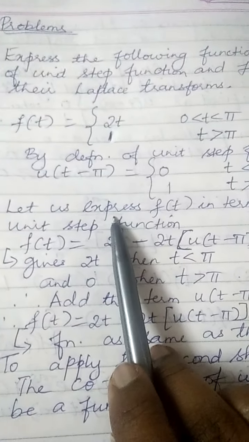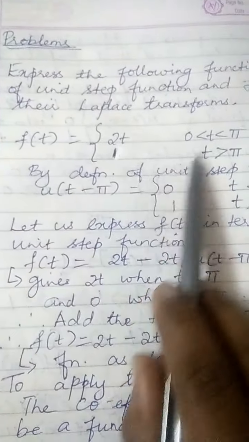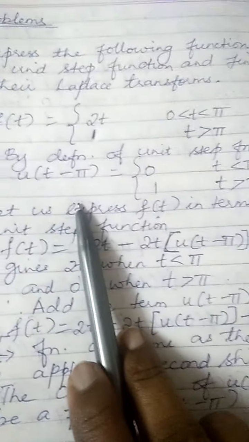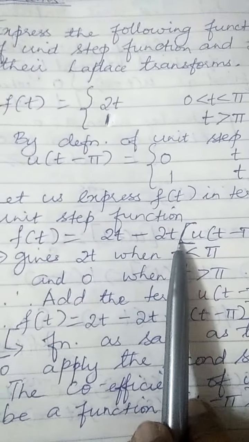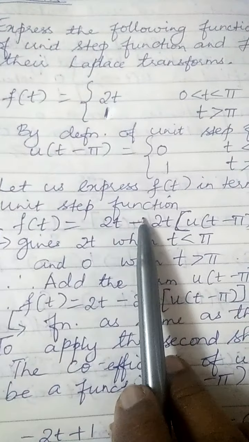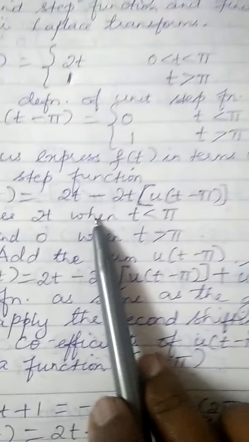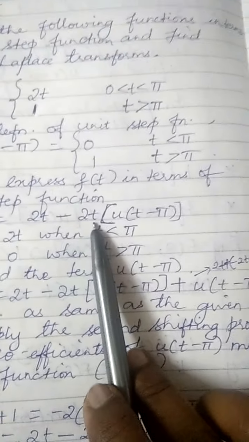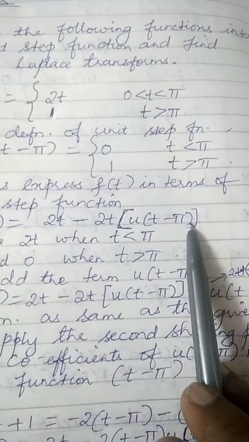Now let us express f of t. We have to write this function using u of t minus pi. So we can write f of t in terms of unit step function as f of t equal to 2t minus 2t into u of t minus pi.